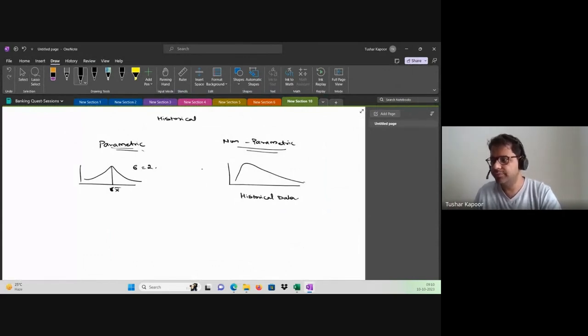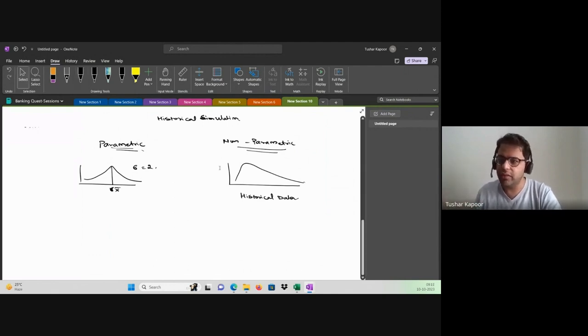Historical simulation is a method under which you need to sort your historical data in ascending order. So it starts with the most negative values, or you can do it the other way, in descending order as well. You start with the highest value and go to the lowest value, or you start with the lowest value and go to the highest value.